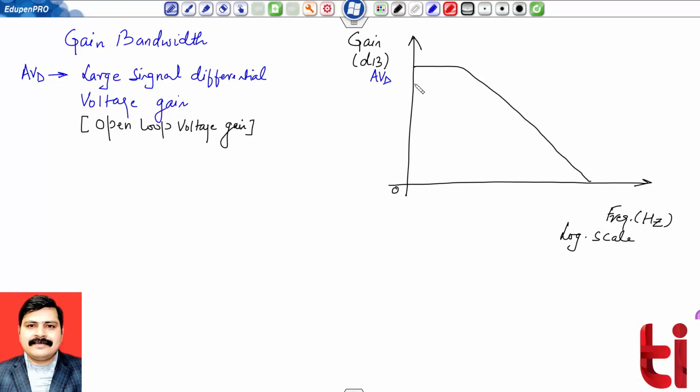So we have to find the bandwidth. We have to find the point of level 0.707 times AVD.